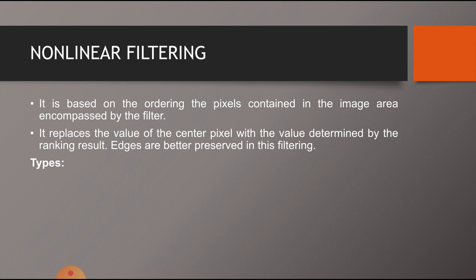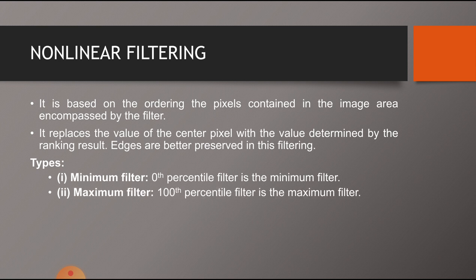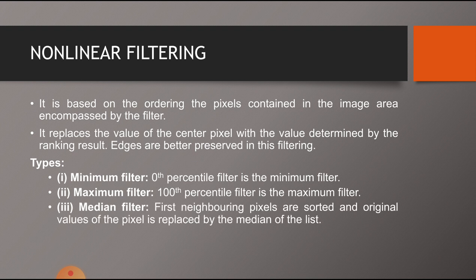There are different types of non-linear filtering. Minimum filter, where the 0th percentile is taken for the filtering operation. Maximum filter, where the 100th percentile is taken as the filtering kernel. And in median filtering, the median value is taken and the neighboring pixels are sorted during the filtering operation.